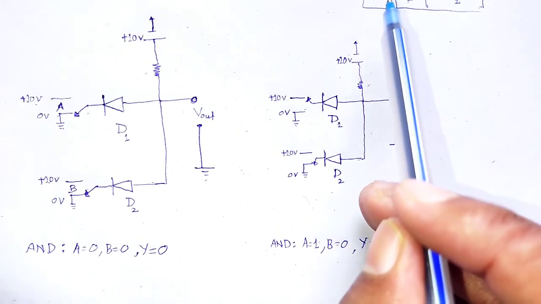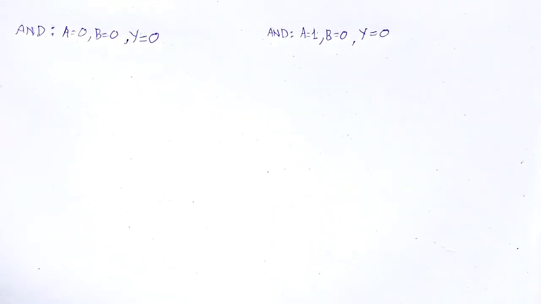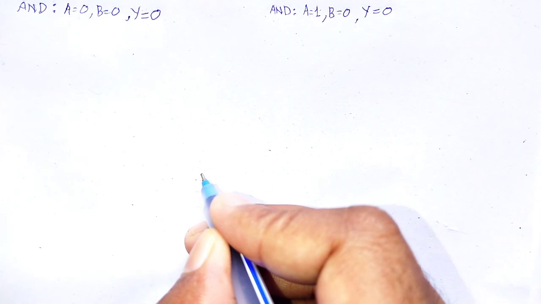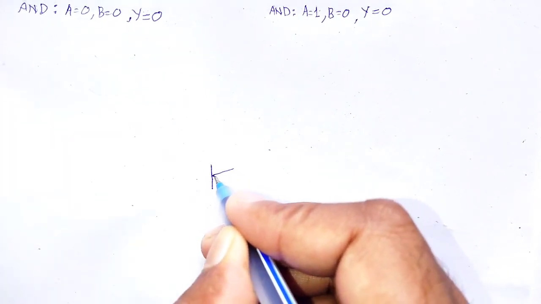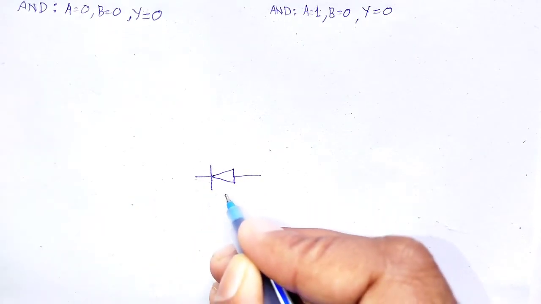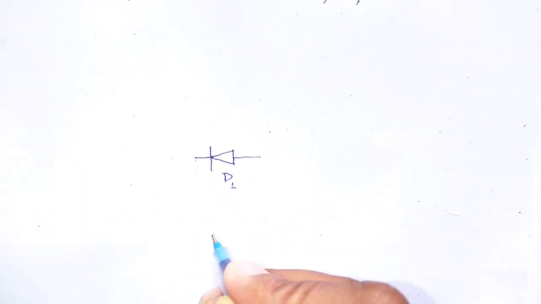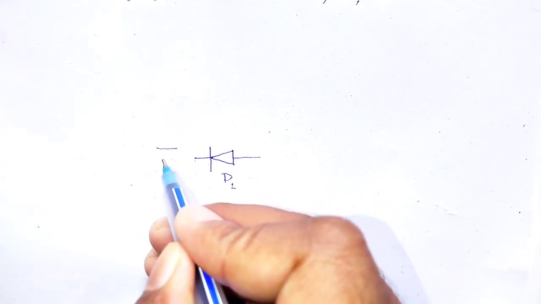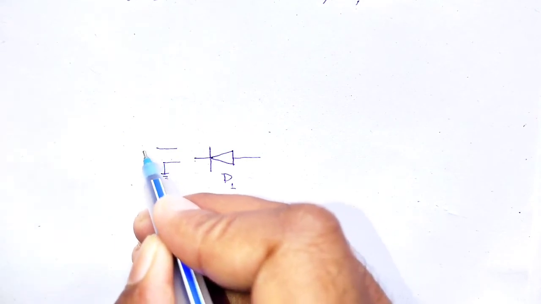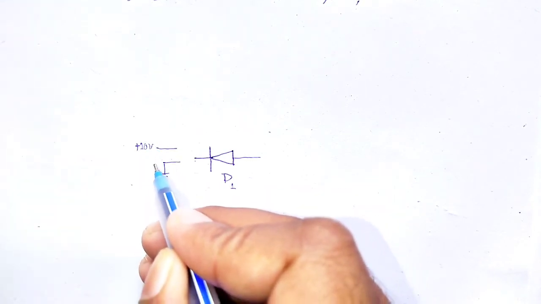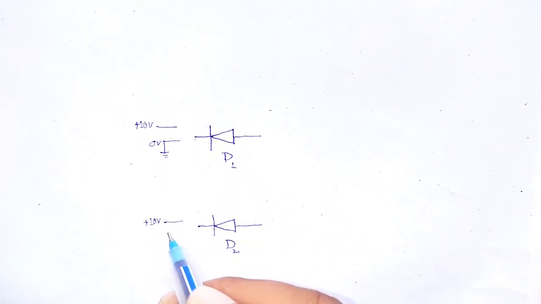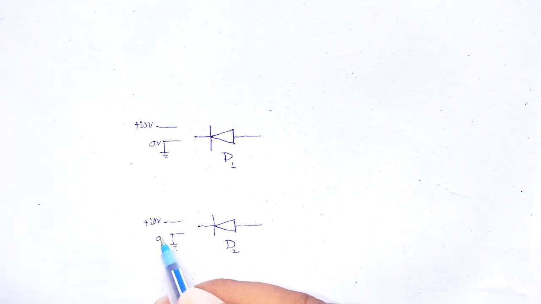Last situation, when both the inputs are 1, then what happened to that of output? D1 and D2, plus 10 volt and 0 volt.